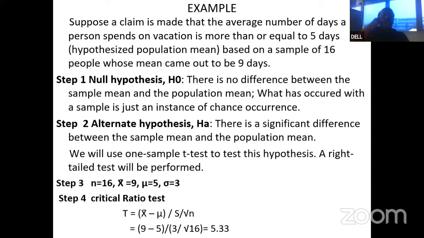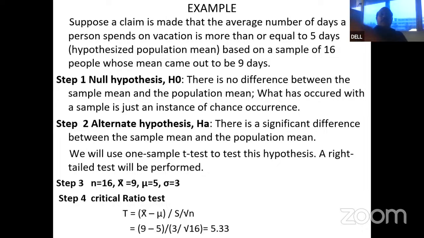See one example. Suppose a claim is made that the average number of days a person spends on vacation is more than or equal to 5 days. That is the hypothesis, population related.